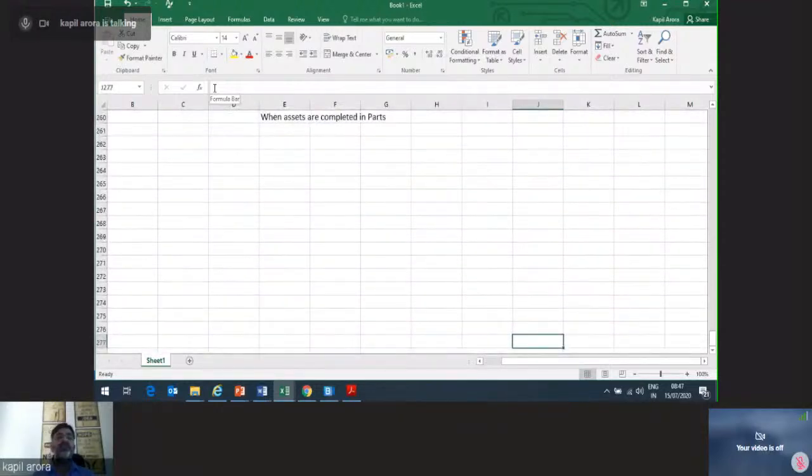The issue comes up when assets are completed in parts. For example, let's say I am making a manufacturing plant. Or let's assume Maruti is making a manufacturing plant for their cars.